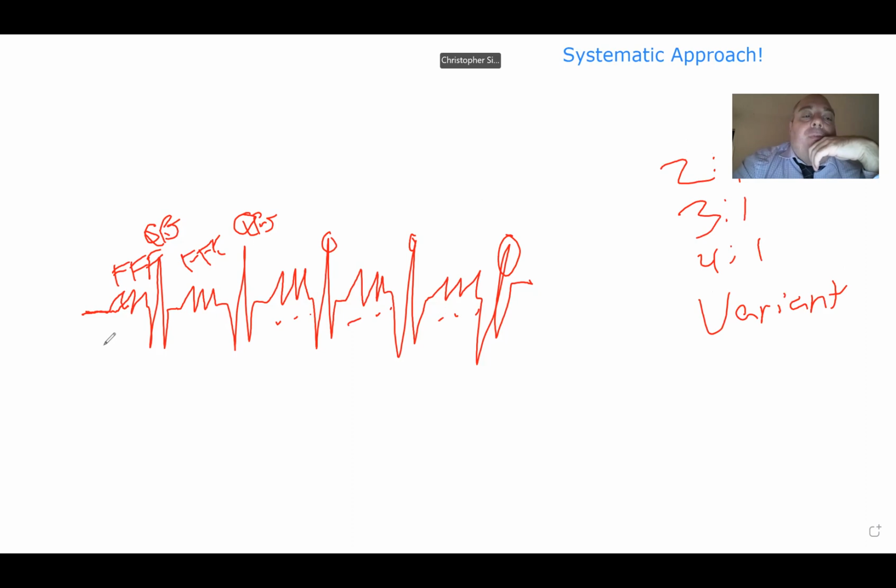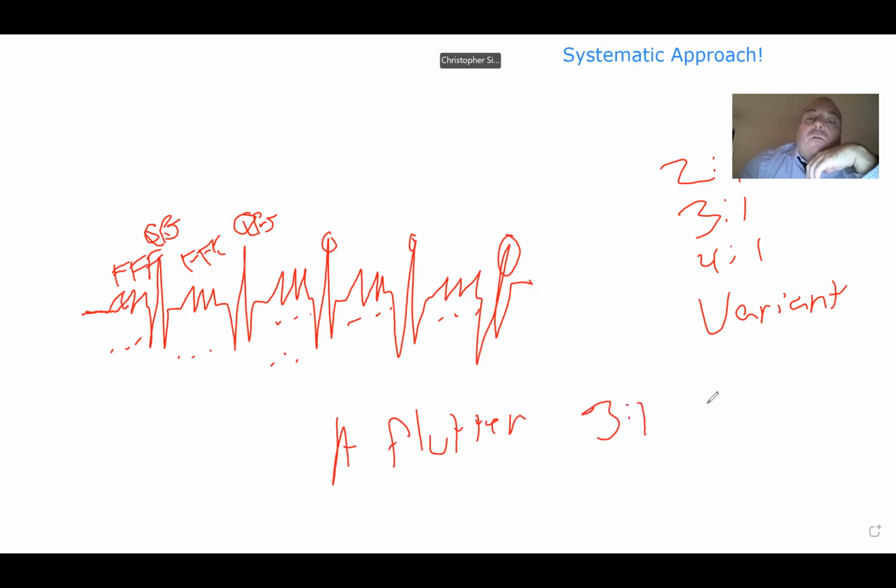So if we have 3 flutter waves, 1, 2, 3, 1, 2, 3, for every QRS, we would say that we have a flutter with 3 to 1 conduction.